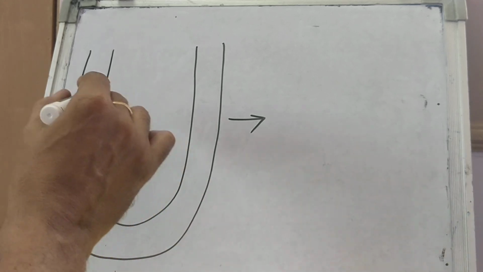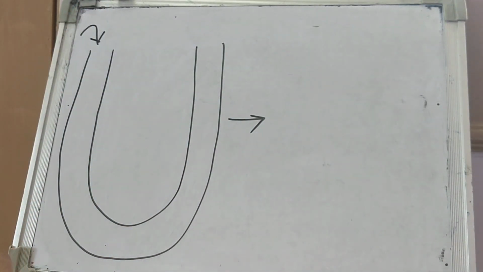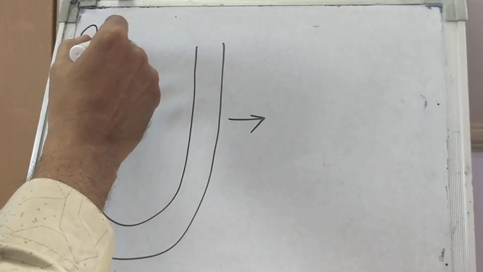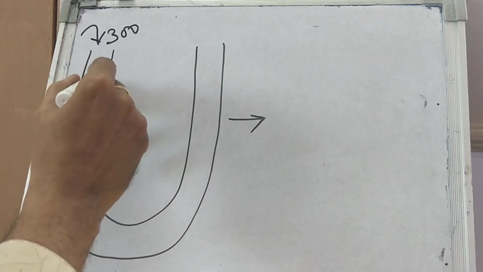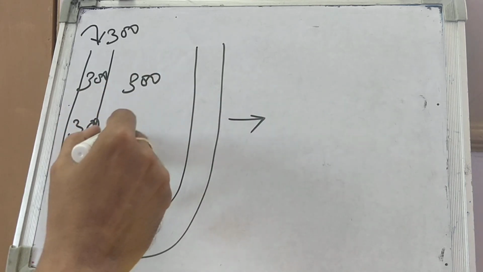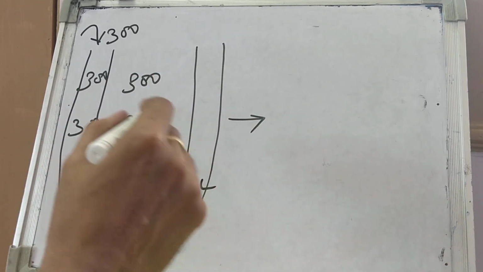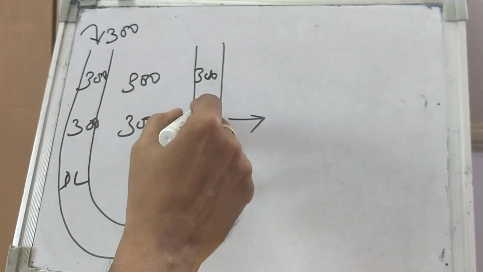So when you put the values, say the osmolarity of the urine coming from the proximal tubule is 300 osmoles. So initially there will be 300 osmoles, consider 300 osmoles in all the segments, in the descending limb, in the ascending limb, and also in the medullary interstitium.